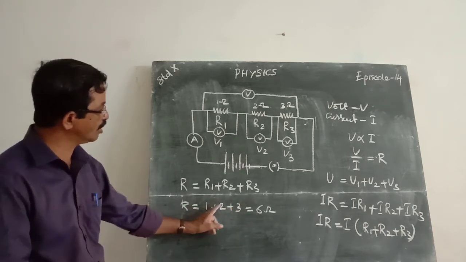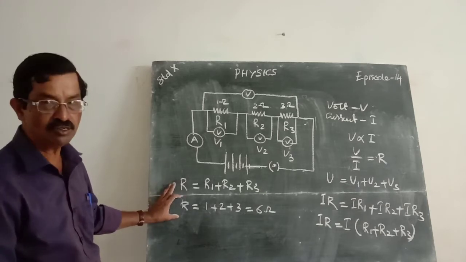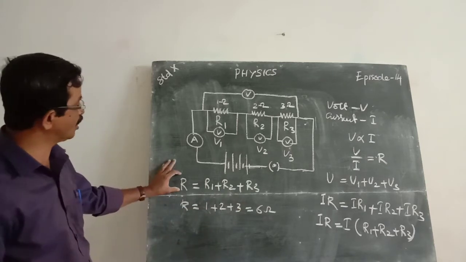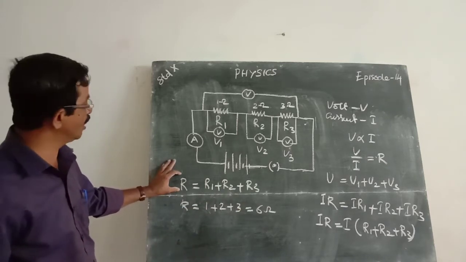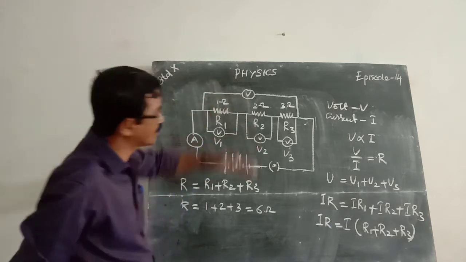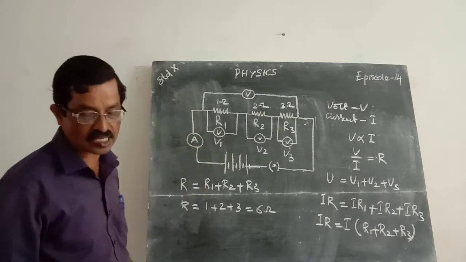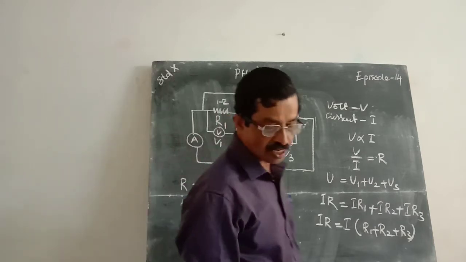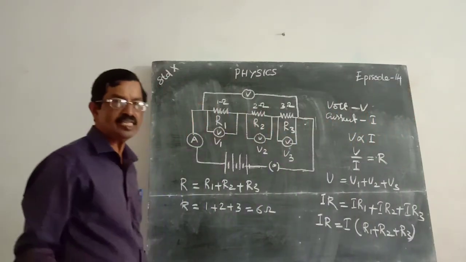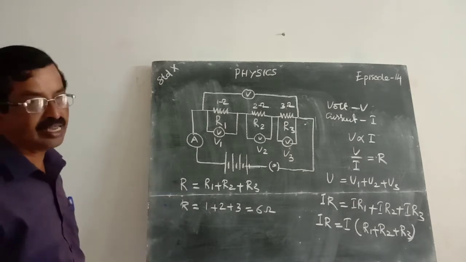Here the total resistance we got as R is equal to 1 plus 2 plus 3, that is 6 ohm, or otherwise we can use this relation to calculate R is equal to R1 plus R2 plus R3 when the resistors are connected in series. Okay. So in order to increase resistance in the circuit, we connect resistors in series.